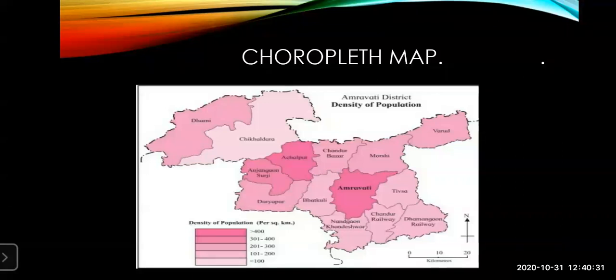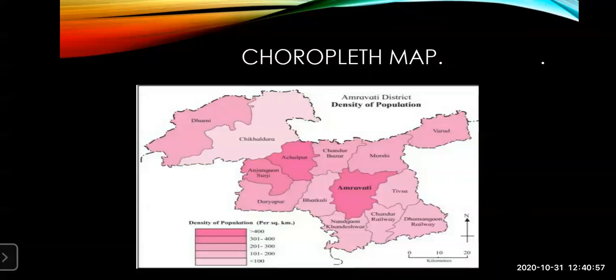Now in this method, only one value is given for the whole colored area. For example, in the north of Chikaldhara population is less, but in the south population may be more in that particular part of Chikaldhara. But the color you have used is the same color for the whole area. So this is the limitation of the choropleth map.